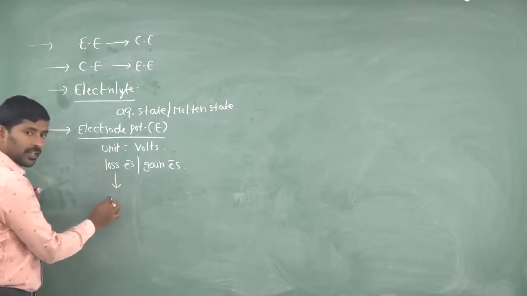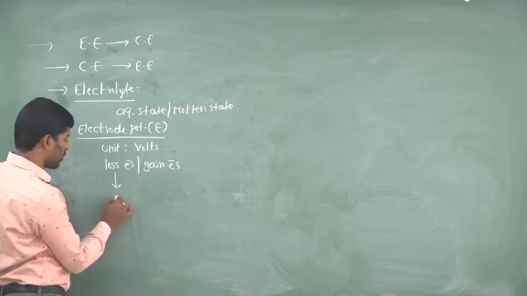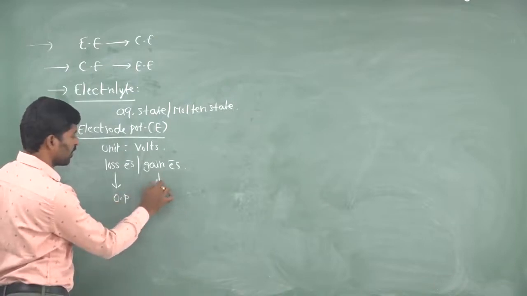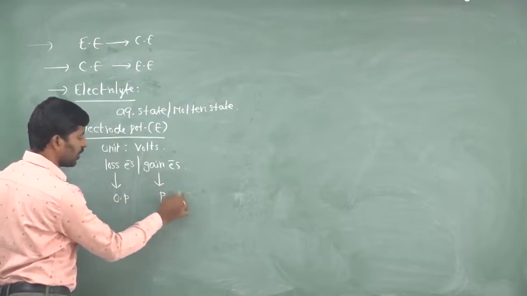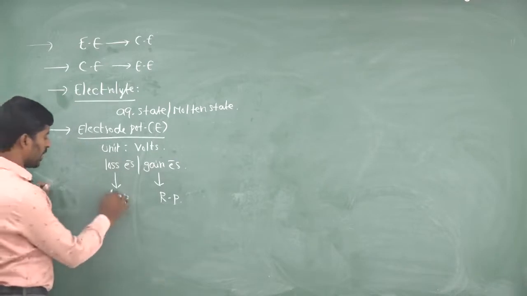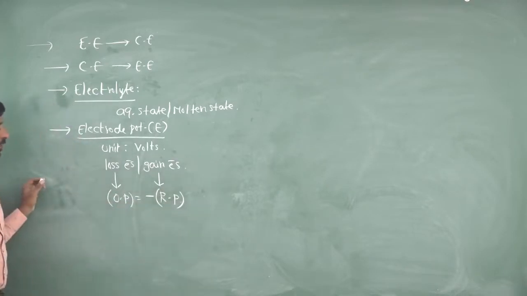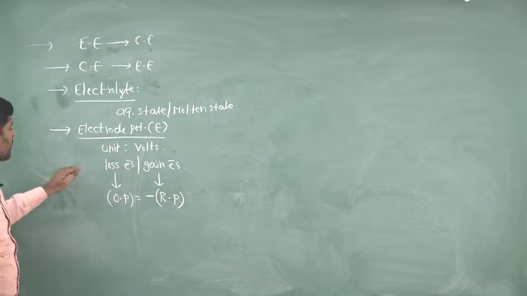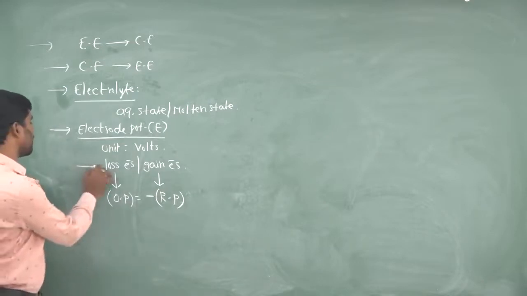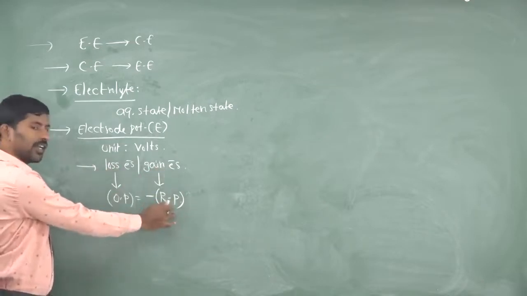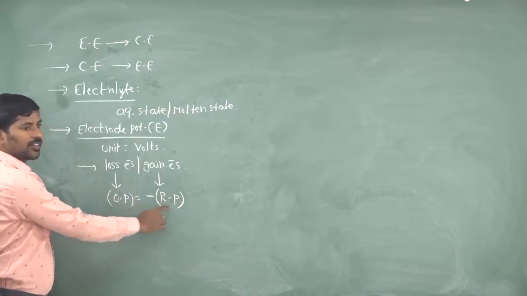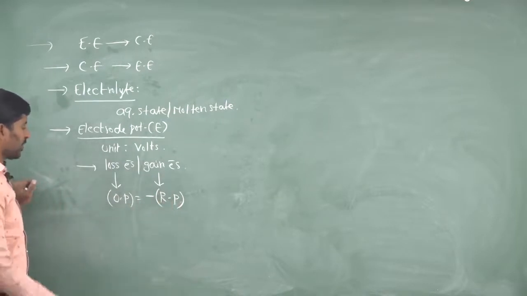The tendency to lose electrons is called oxidation potential, and the tendency to gain electrons is called reduction potential. The relation between these two is: oxidation potential is equal to minus of reduction potential, just the sign is different.